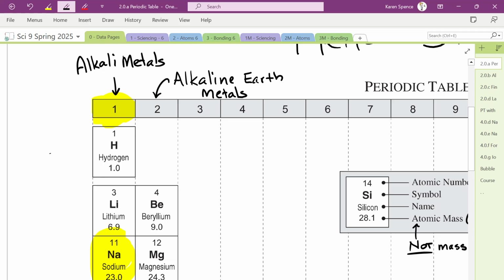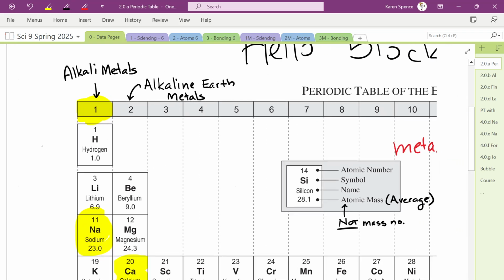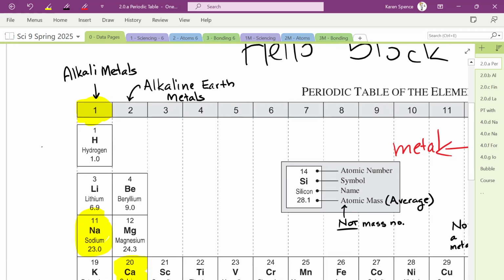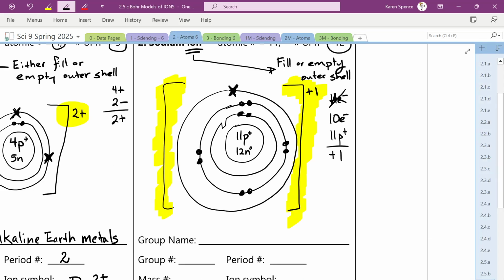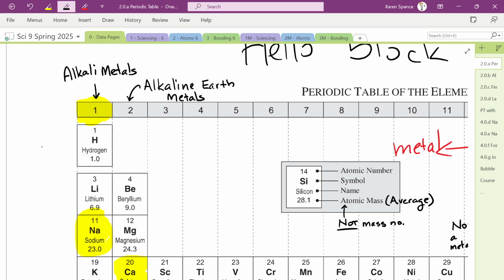Okay, so we got our alkali metals, we got our alkaline earth metals. So sodium is an alkali metal, it is in group 1. And it is in period number, let's go back to our data pages. 1, 2, 3. It's in row number 3, so it is period number 3.